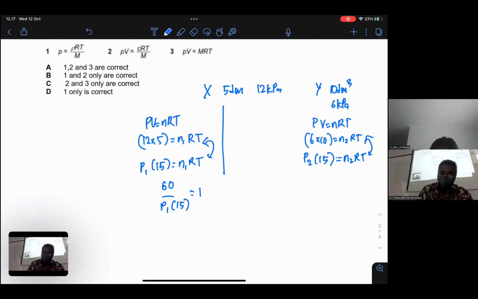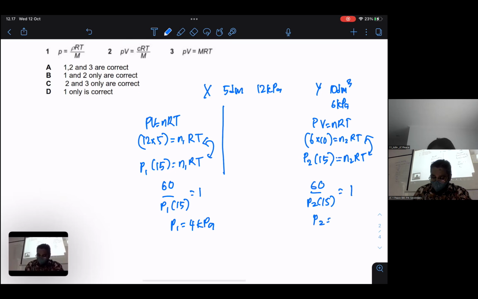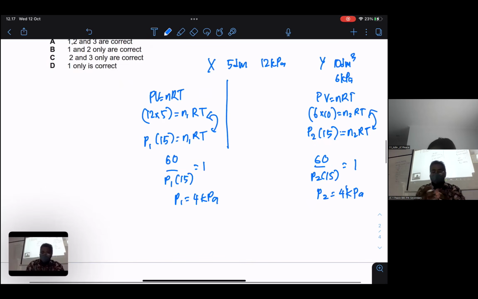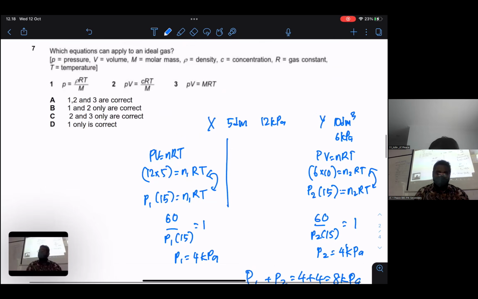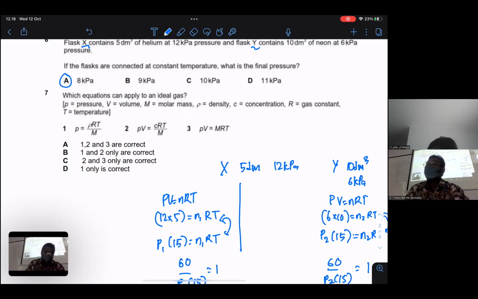All these n1, R, and T will cancel. So P1, you will get 4 kilopascal. The same thing over here: if you cancel, it is 60, P2, 15, you will get 1. So P2, you will also get 4 kilopascal. So if you add them together, we want P1 plus P2, which is 4 plus 4, which is 8 kilopascal. So that is going to give the answer for this, 8.